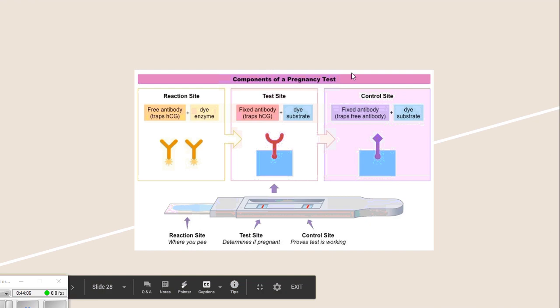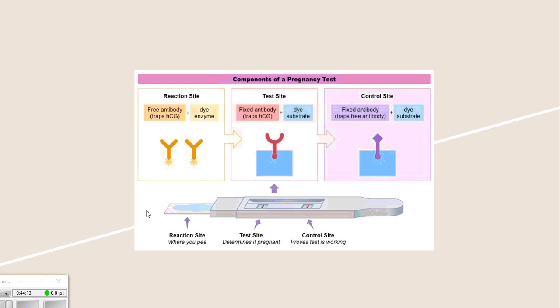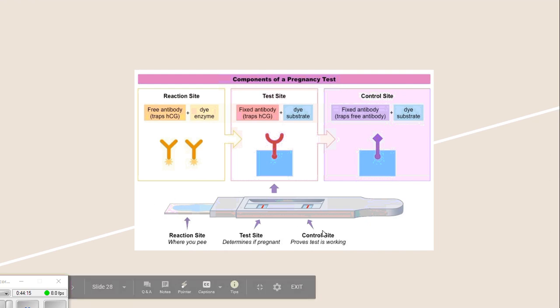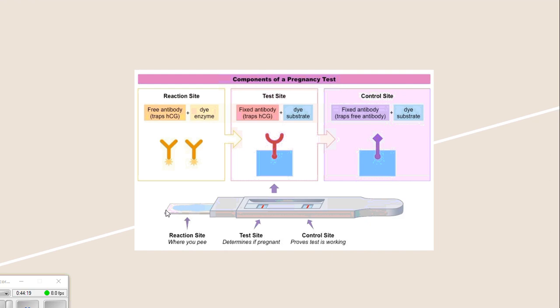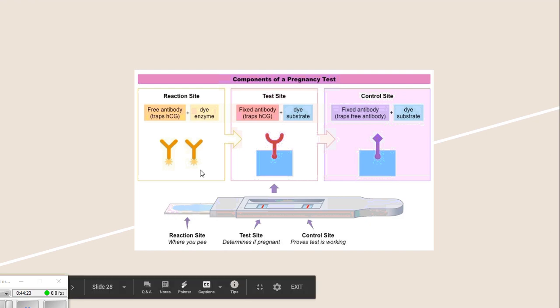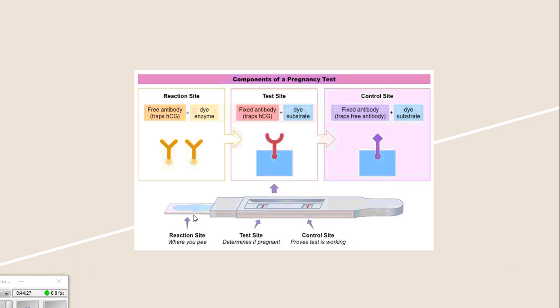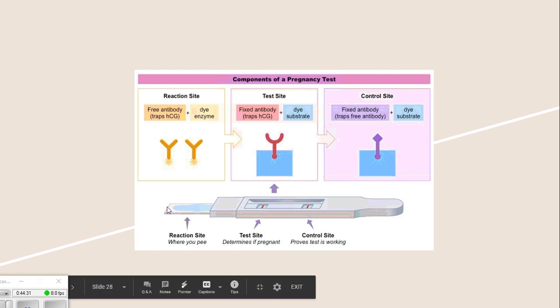Having a look at a pregnancy test, though, and where antibodies get used. If this is the stick here, this is the reaction site, the absorbent strip. This is what gets peed on when you're wondering if a pregnancy might be possible or not.